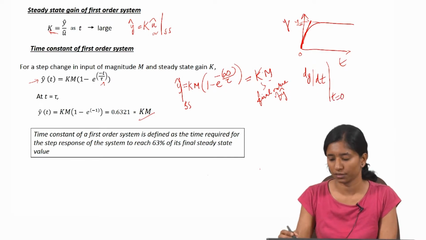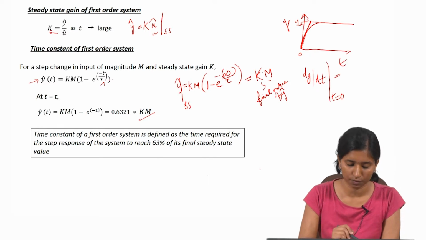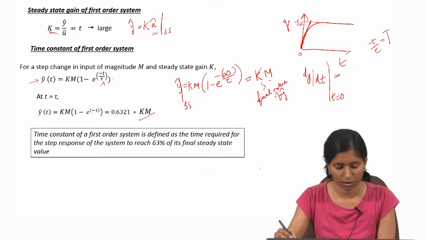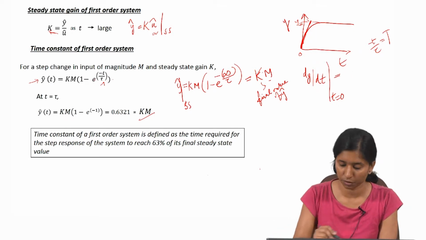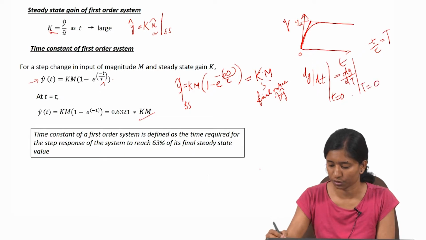So, let us evaluate this. We know that y is equal to this one, and let us substitute minus t by tau equal to some variable capital T. So, if we differentiate this with respect to t, this is also equivalent to differentiating with respect to capital T at t equal to 0.